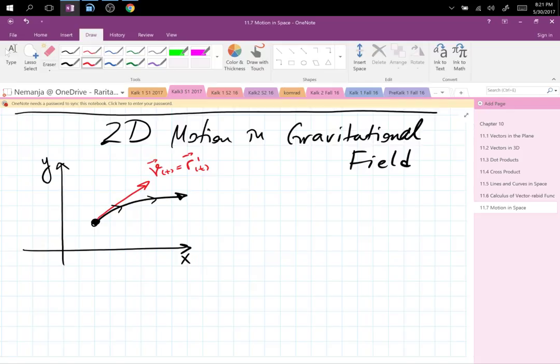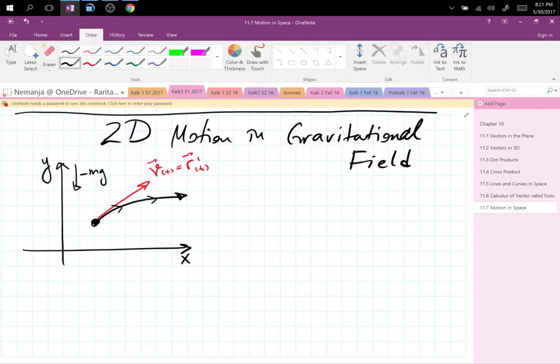So the gravity is pushing downwards with negative mg. That's the force of gravity. So the object wants to go up, and the weight, due to gravity, right, is pulling down. And the only thing that is countering this is the force due to acceleration of the object.